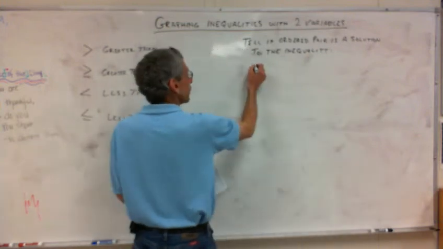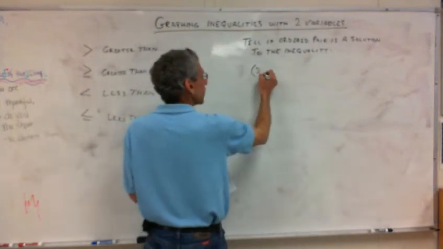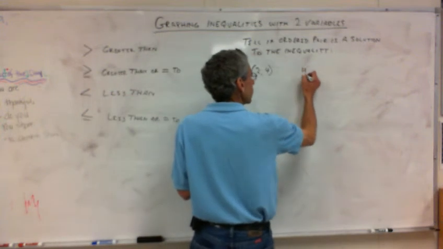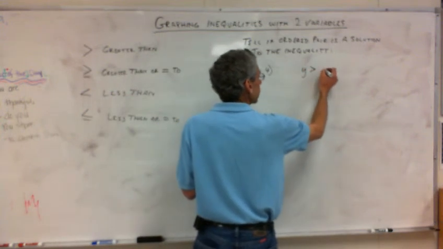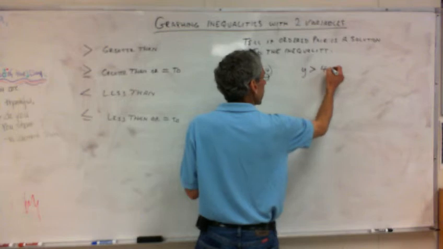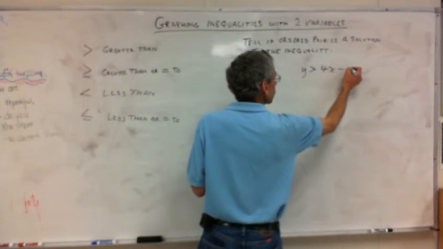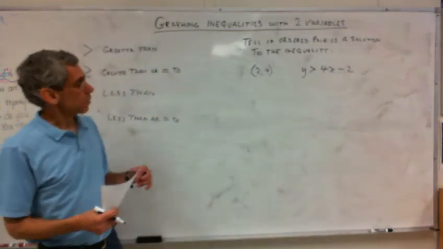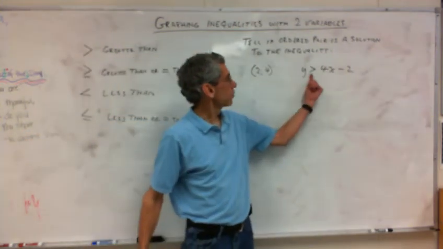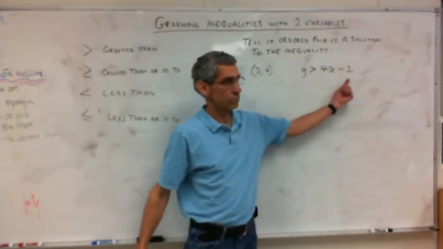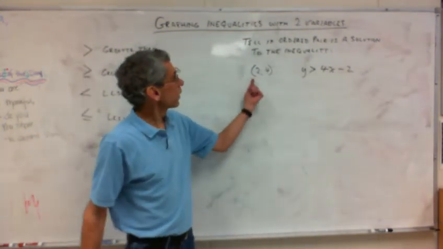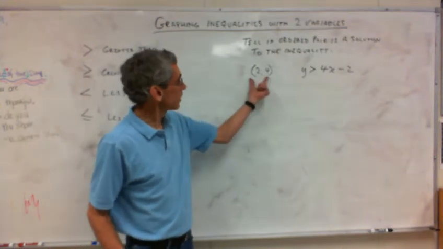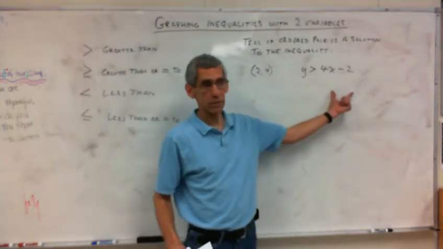So if this were the ordered pair, 2, 4, and the inequality was y is greater than 4x minus 2. Okay? So there's my inequality, y is greater than 4x minus 2, and here's my ordered pair. And I'm asked to tell whether this is a solution of this.